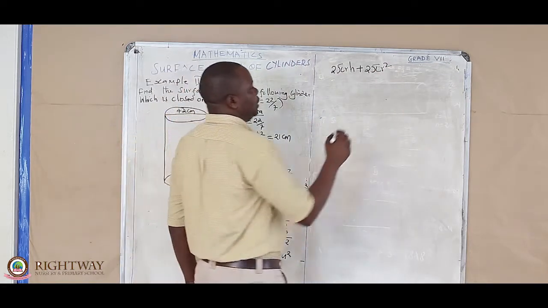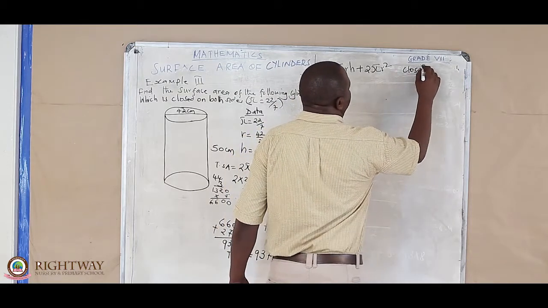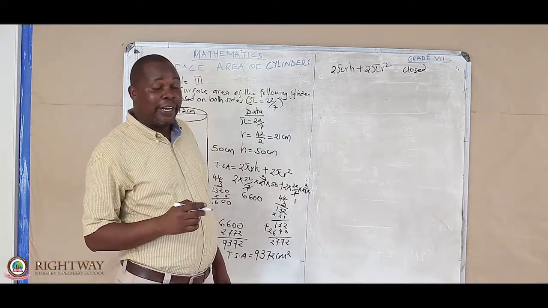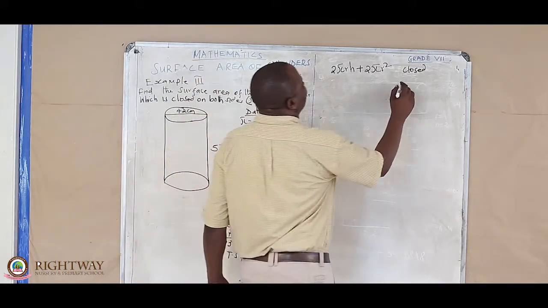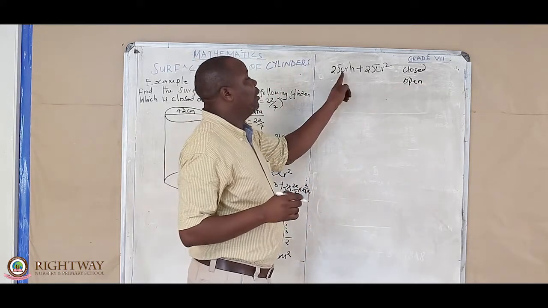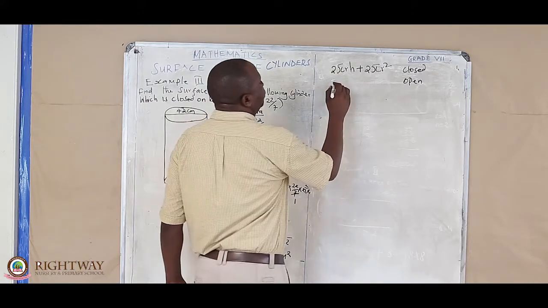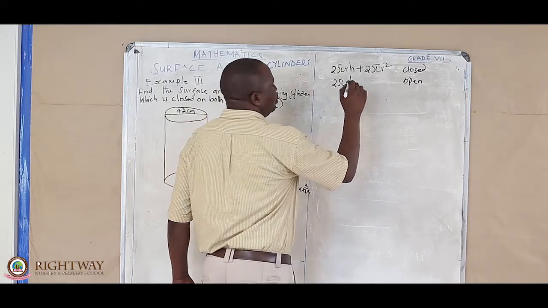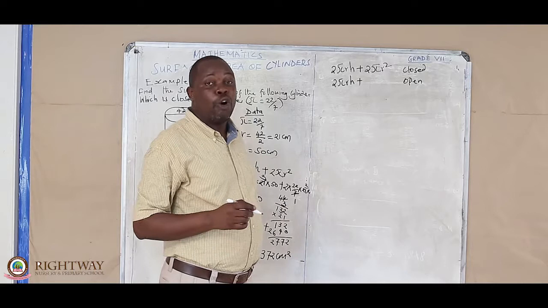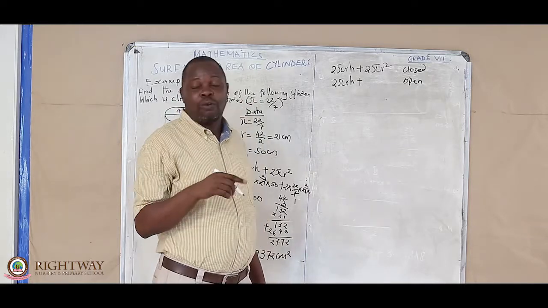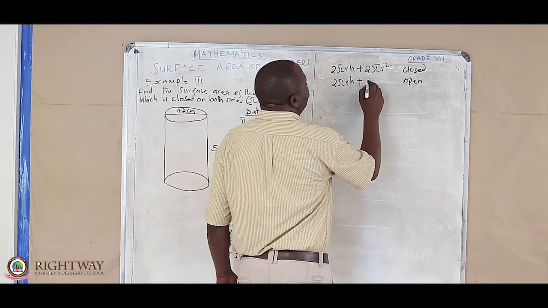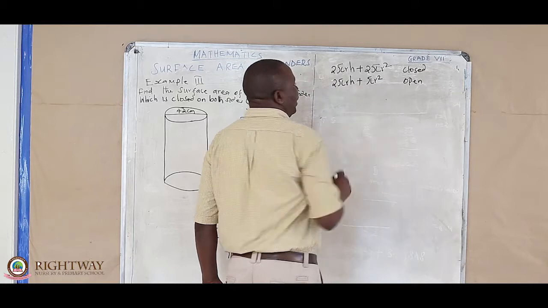This one is for closed. And we have learned when it's open on one side, sometimes it's called just open. What happens? 2 pi RH remains constant. What is affected is the circular part, because for an open cylinder, one of the circles is eliminated. So we remove one, we remain with the pi R squared.